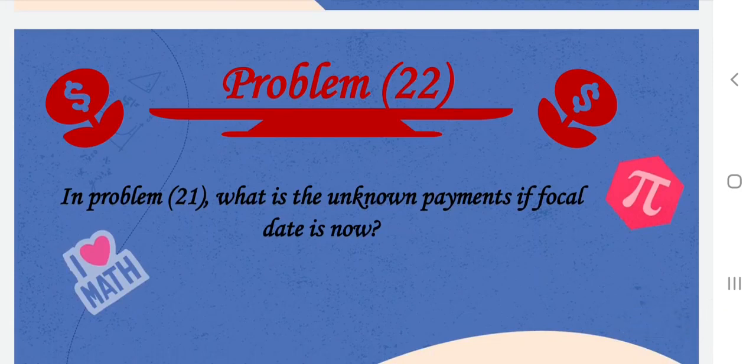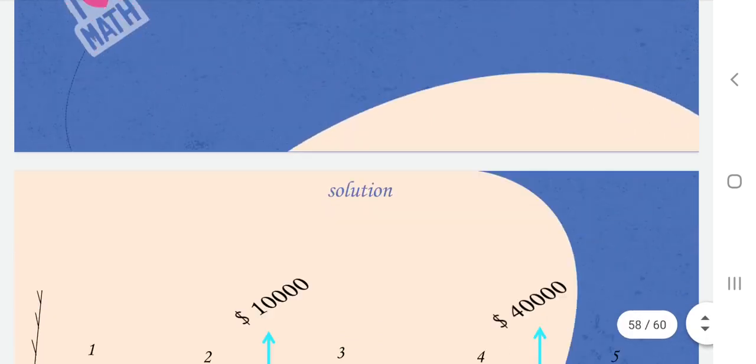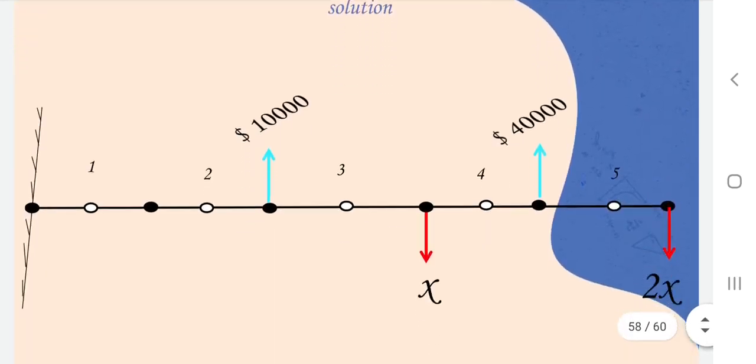Problem 22. In problem 21, what is the unknown payment if focal date is now? If we draw the focal date now, the main formula will be: the amount or the present value of old obligations will be equal the present value of new obligations.